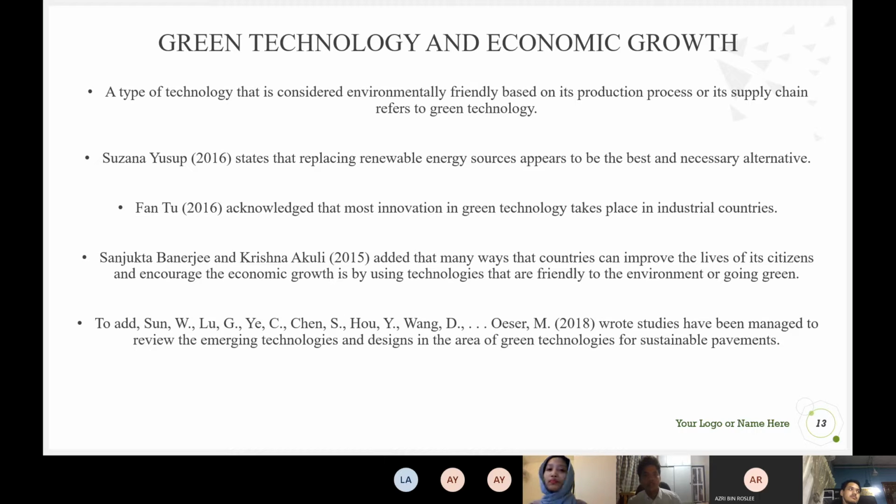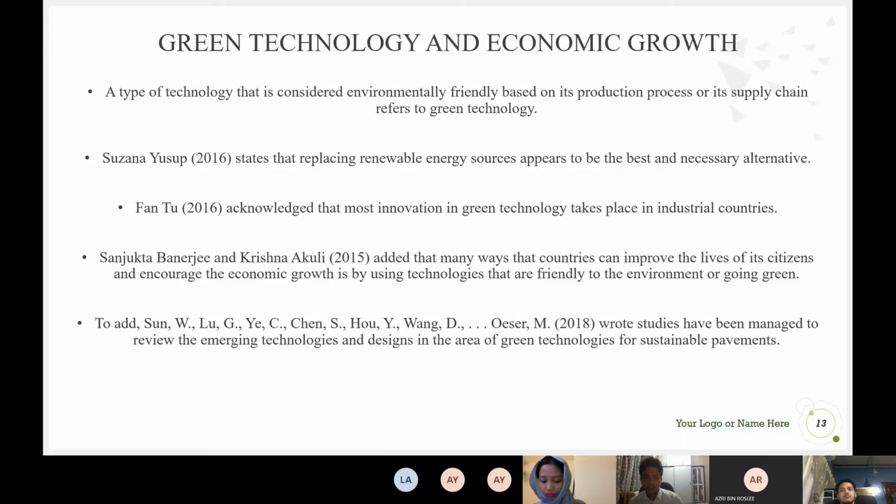Fund 2 acknowledge that most innovation in green technology takes place in industrial countries. Large companies in Brazil, China, and India, and also other major developing countries, are also engaged in the development of new technology for green technology.